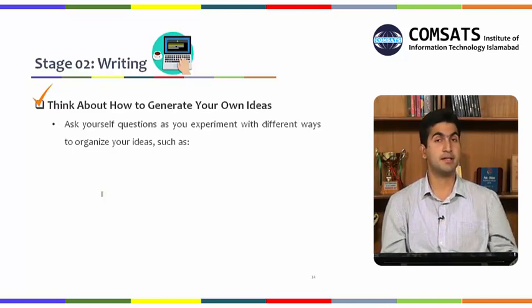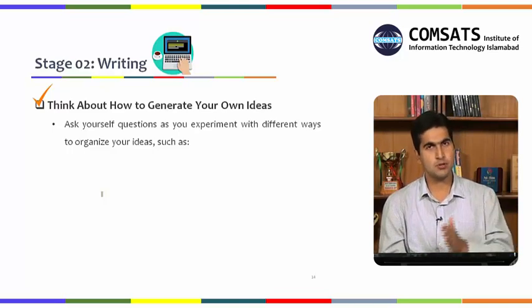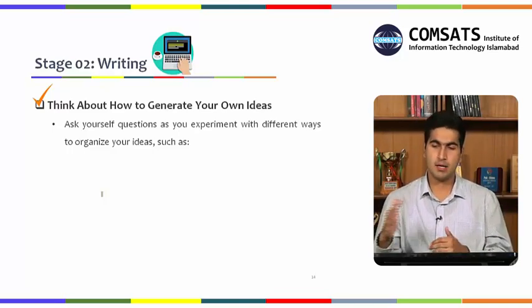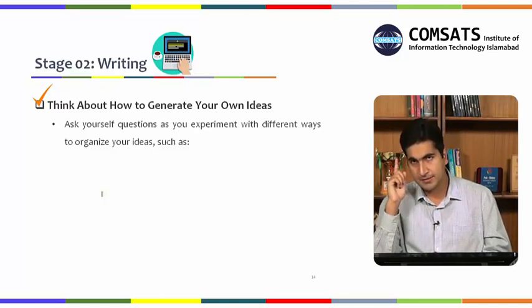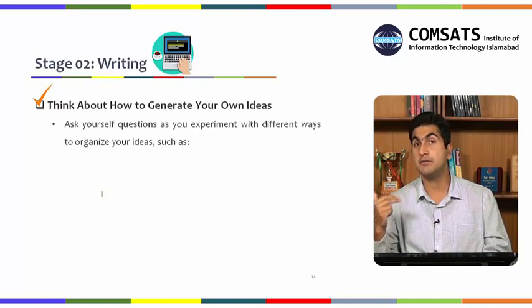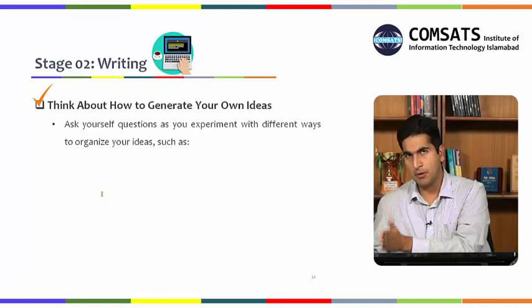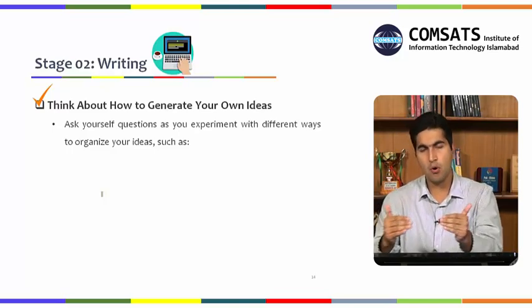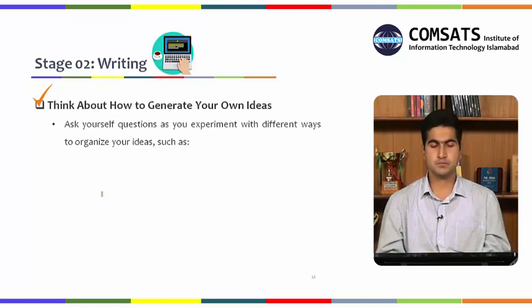You can do this pre-writing at the end of the page as well, so that once you have started writing the actual draft, you can just come to the last page and see what the points were. Because during this writing, ideas are coming in such a haphazard way that they can confuse you. But if you already have an organized form of all the points in front of you, you will know how to order them. So that's why there is a manner of generating your own ideas as well.